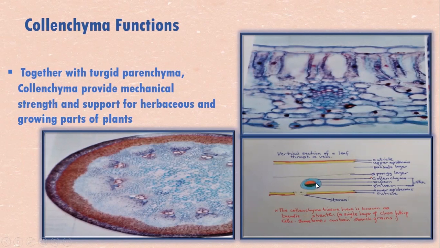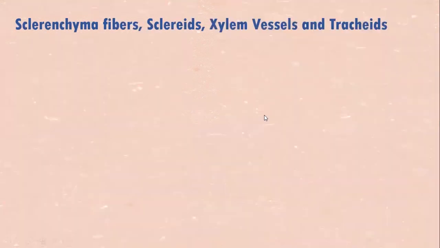And it can stain blue-black with iodine because it contains starch grains. So it's called bundle sheath around the vascular tissue. This is xylem, this is phloem, and here is the sheath. And this whole thing is the vein. Here is the vein in the leaf, with cells around the vein to support it. Now, we want to look at xylem: xylem fibres, sclereids, xylem vessels, and tracheids.